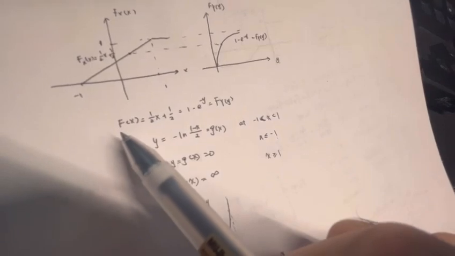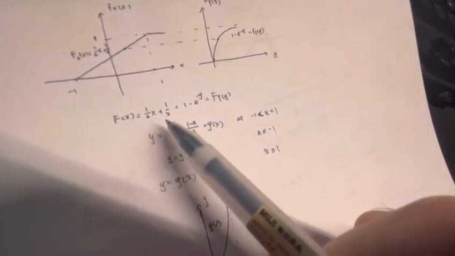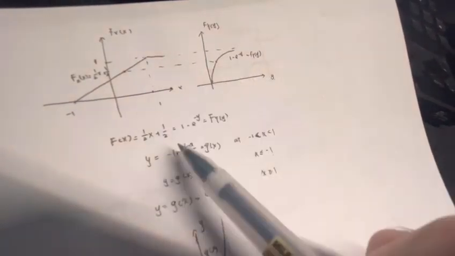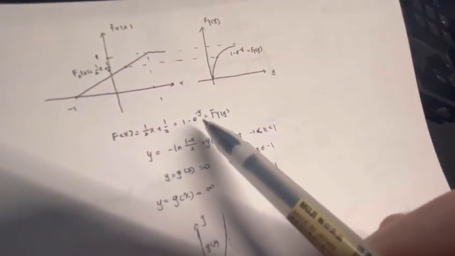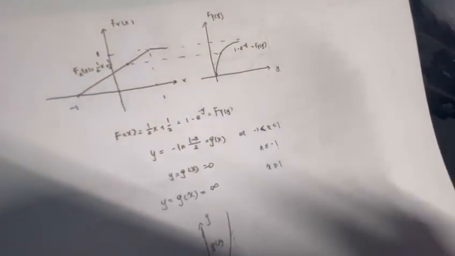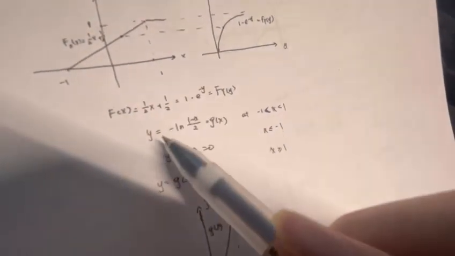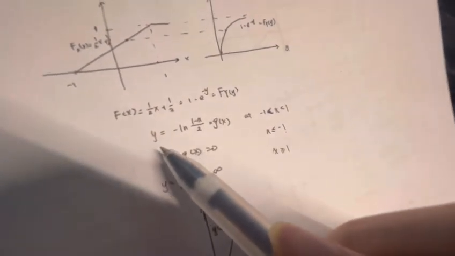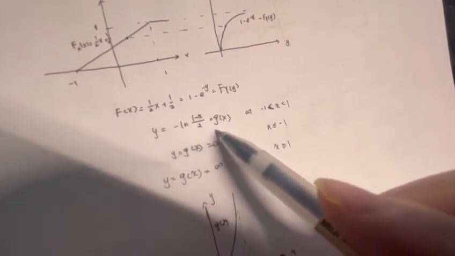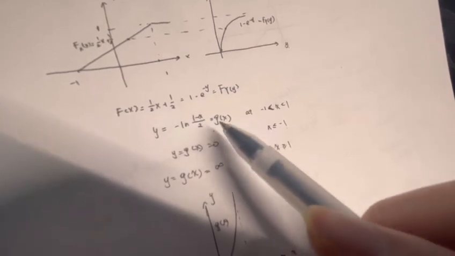So F_X(x), which is 1 divided by 2 times x plus 1 divided by 2, equals 1 minus e to the power of -y, which is F_Y(y). By solving this equation, we get that y equals -ln of (1 minus (x plus 1) divided by 2), which equals g(x), since the question told us that y equals g(x).